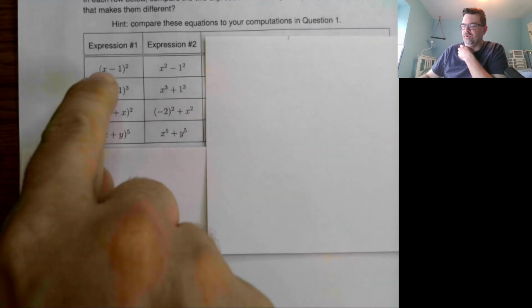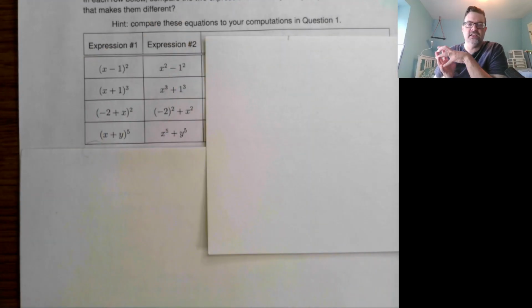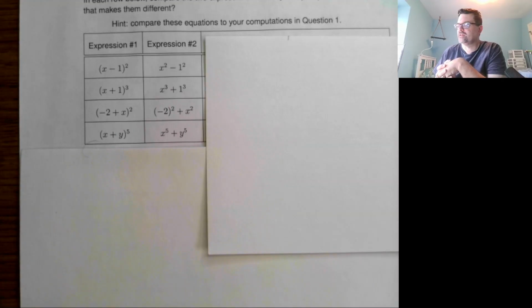The question would be, are those two legitimately equal to each other or not? When we've got variables in here, can you manipulate like that? Can you do that algebraic change or not? In the table here, are these always equal to each other? No matter what number goes in for x, are they always the same or are they different sometimes?